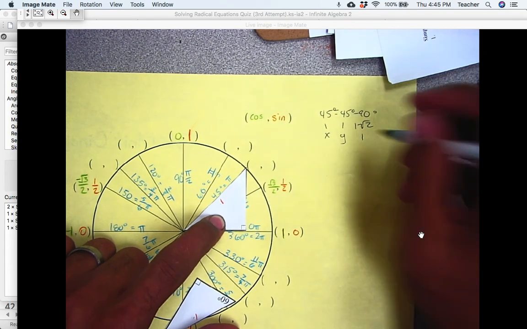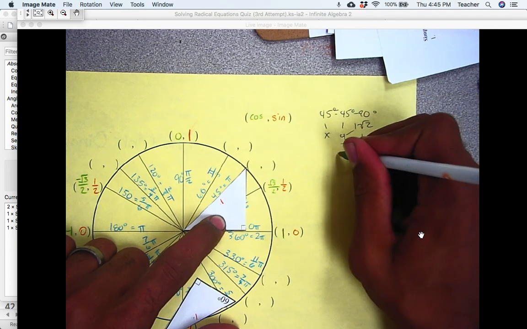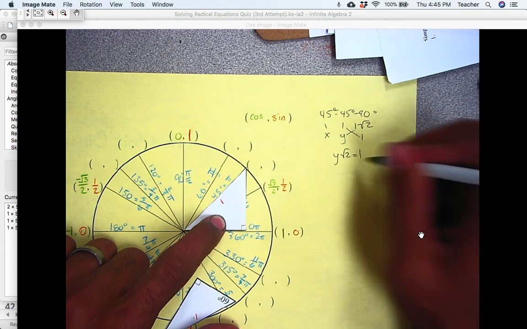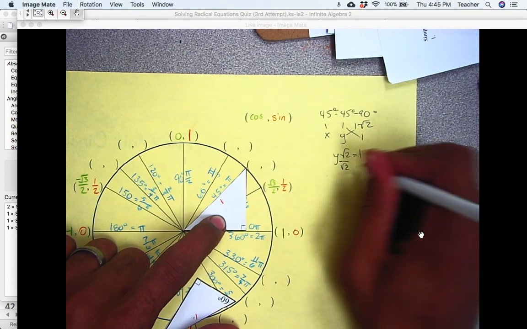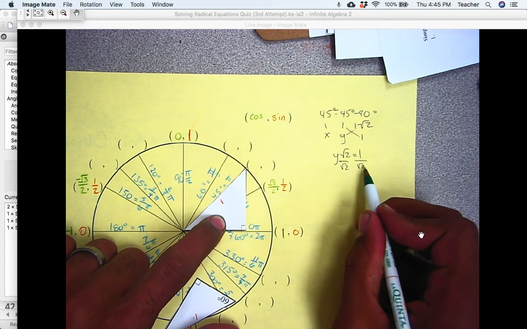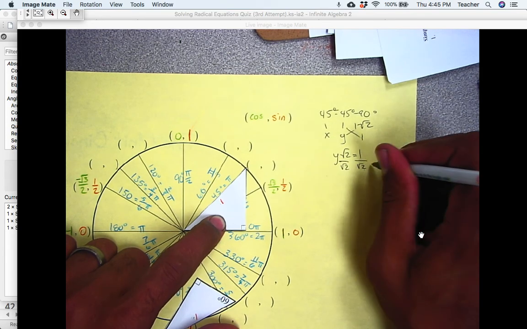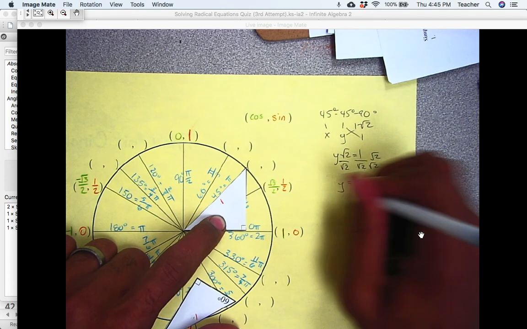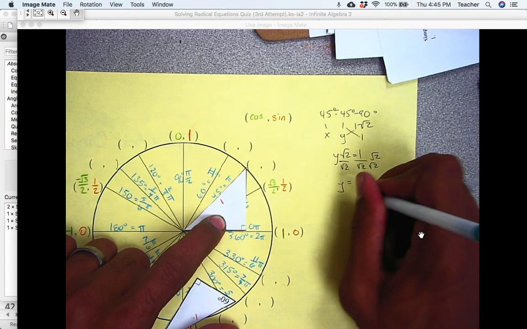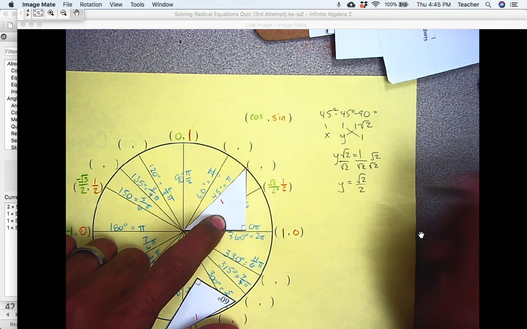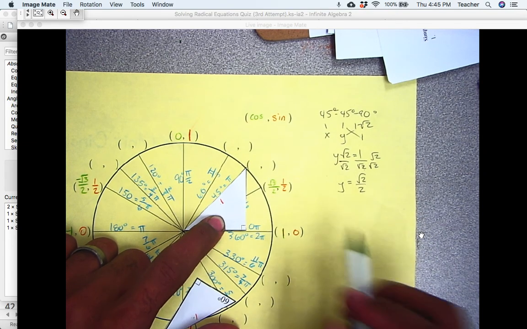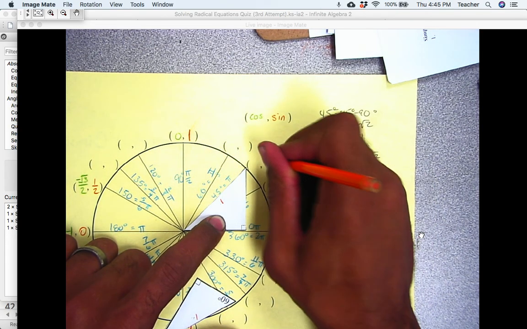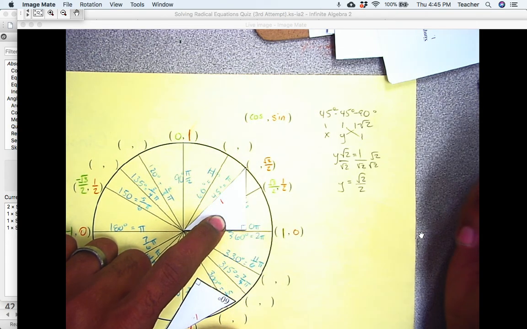So then I do my little cross multiplying. y times rad 2 equals 1 times 1. Then I just divide by rad 2. But as you know, we don't like radicals in the denominator, so I have to multiply by rad 2 here and there. So then y is equal to rad 2 over 2. So the y value at this point is rad 2 over 2.